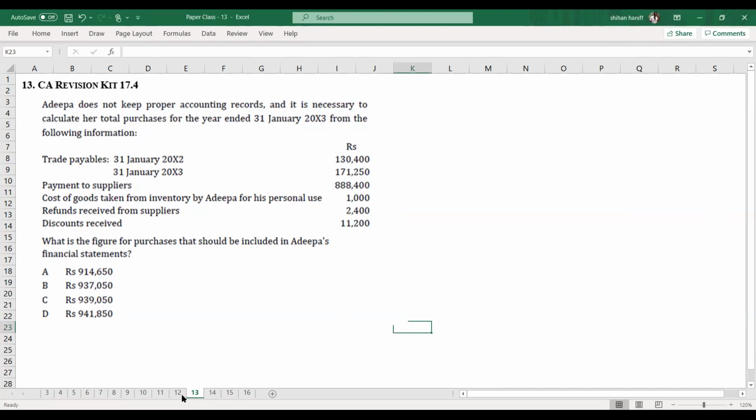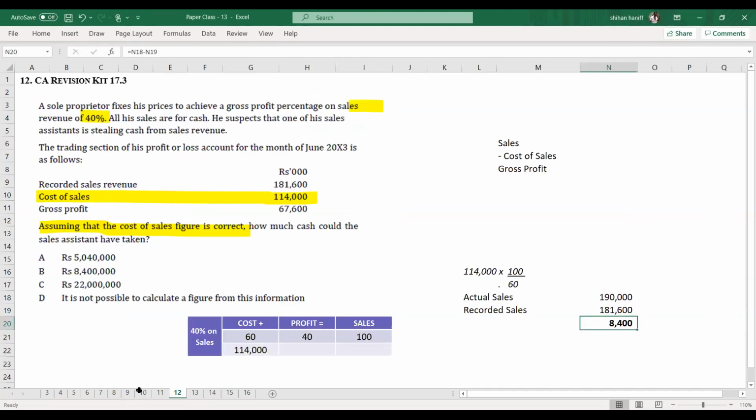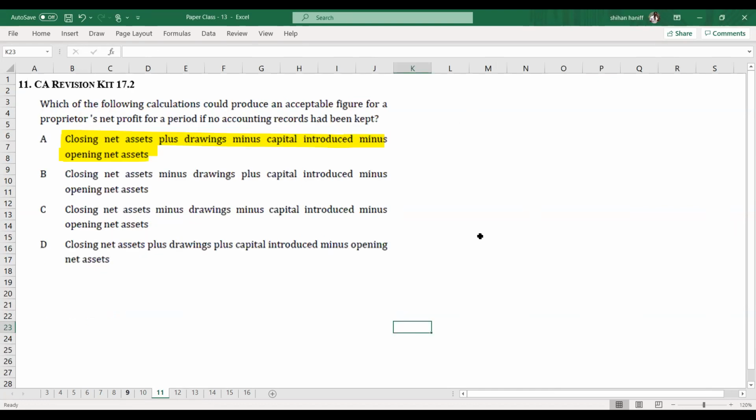Right. So how do you calculate the cost of sales? Use the trading account. So let me take the format.